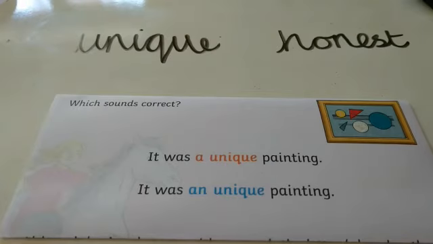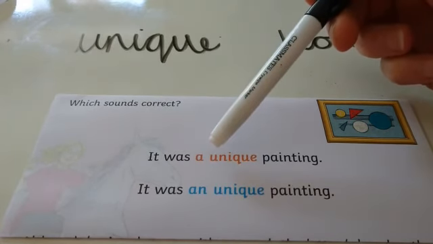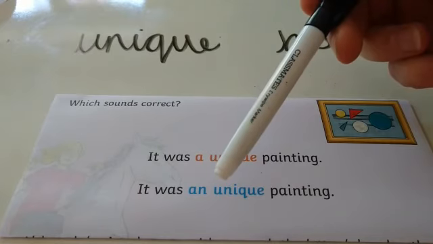Say them through to yourselves and decide which one sounds correct. Okay, so it was a unique painting. This one sounds correct, but let's have a little look why. Because if we look at the spelling, we can see that unique begins with a U, which is a vowel. And normally, we would put an before a word that begins with a vowel.